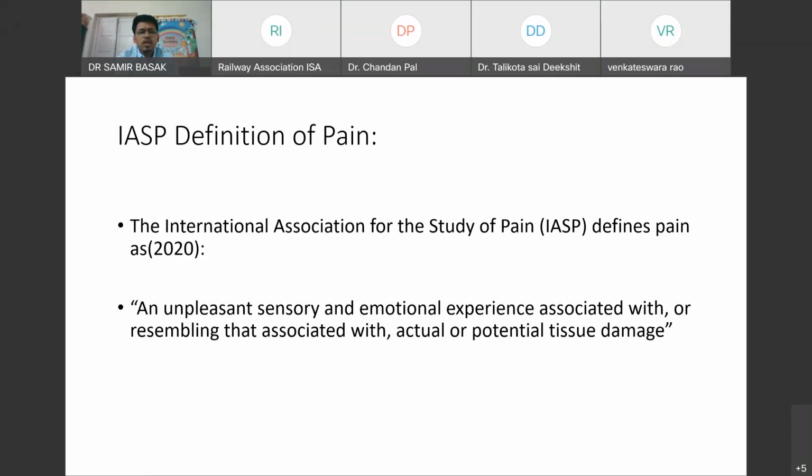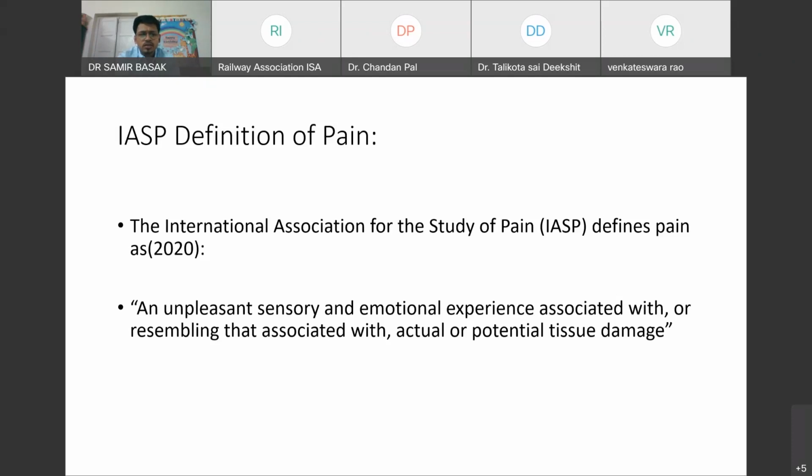How can we assess the pain when there is nothing visible? When a patient complains of low back pain, we are unable to assess whether it is fake or the patient is actually suffering from pain. So recently the International Association has defined pain, and all over the world we are using the same definition.